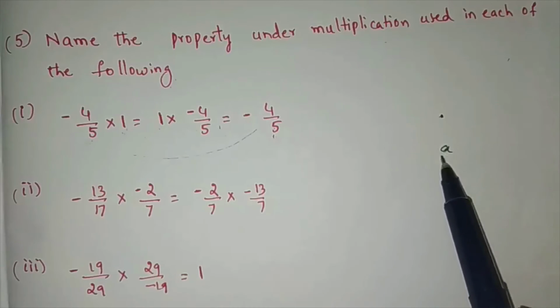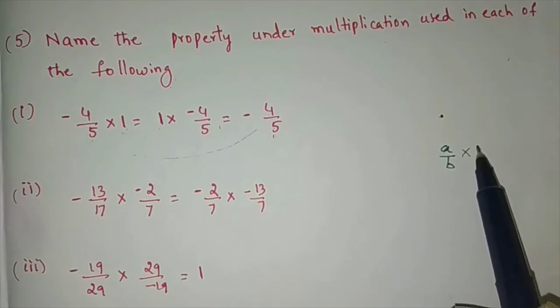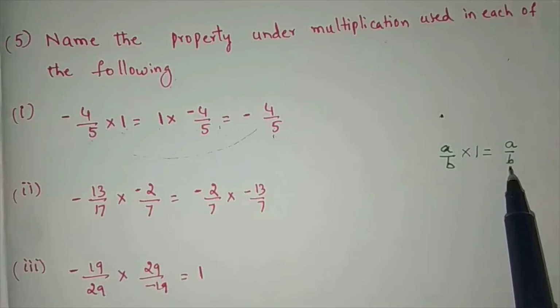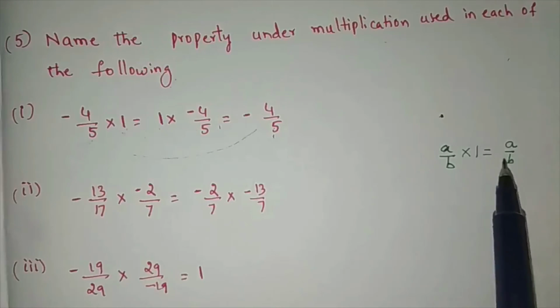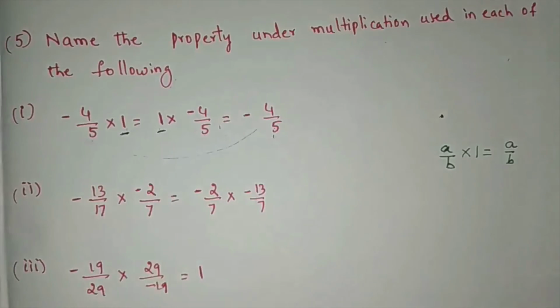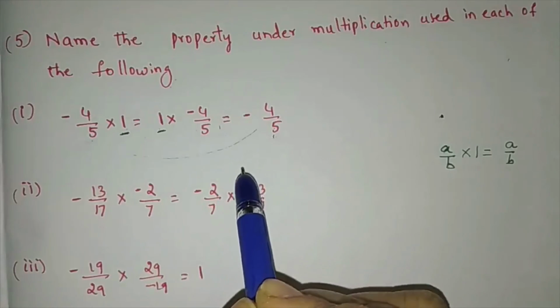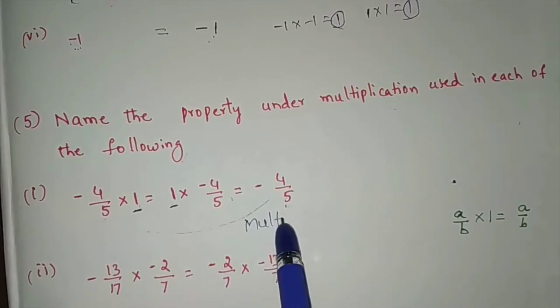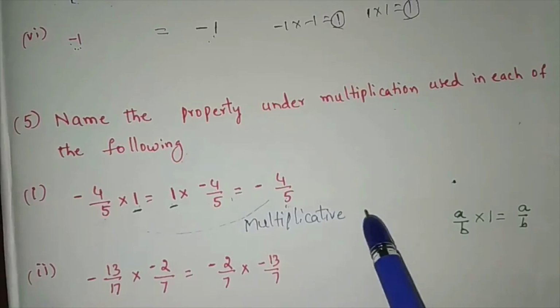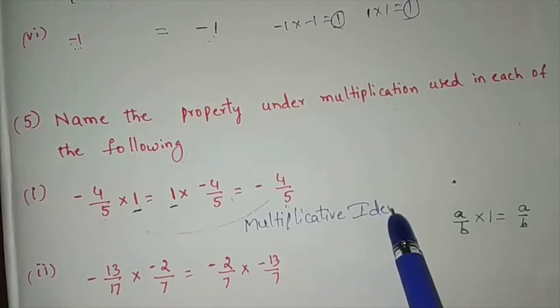If we multiply any rational number a by b into 1, we will get the same rational number a by b. So here 1 is the multiplicative identity. So the property used here is multiplicative identity.